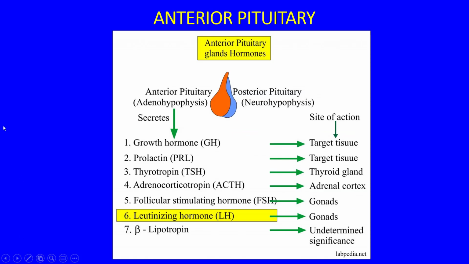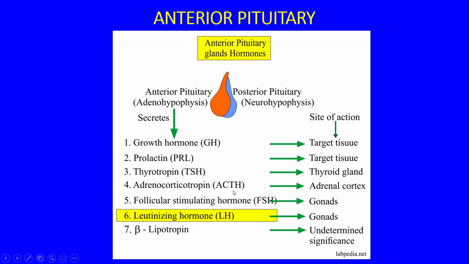Now, a couple things to keep in mind. Notice that there's even a minor spelling error here too. But the more important point is this. The anterior pituitary is referred to as the adenohypophysis. The posterior is the neurohypophysis, because the posterior, you can see, is more neural in structure. The anterior is more glandular in structure.